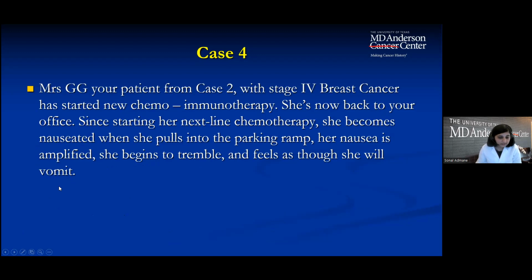And she complains that she has ongoing nausea, and it starts as soon as she pulls into the parking lot of the hospital, and she knows that she's going to get her chemotherapy infusions. Additionally, she feels anxious, she begins to tremble, and has the sensation of emesis. So, what is your diagnosis and how will you treat this?